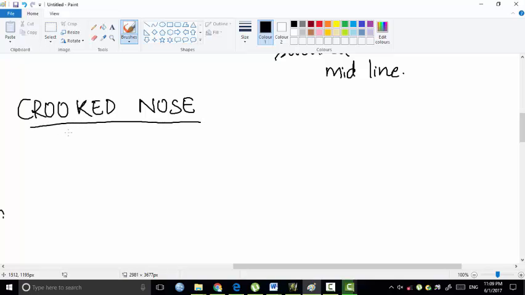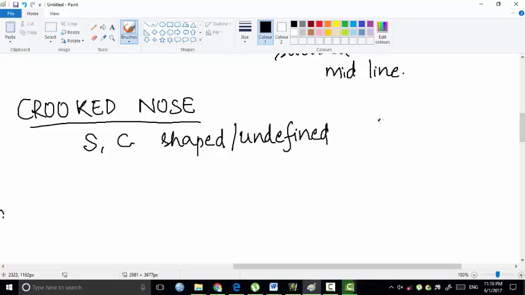Now coming to the other deformity of the external nose, which is crooked nose. As the name says, the nose would be crooked. It would be something like S-shaped or C-shaped, or undefined, right? The nose may be like this, or it may be a little like this.